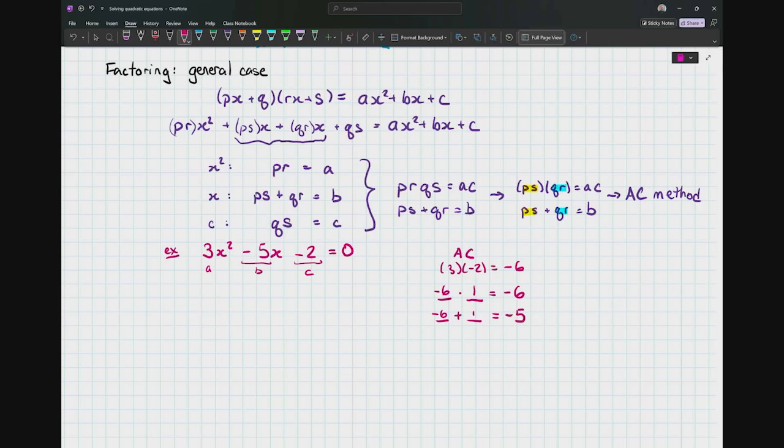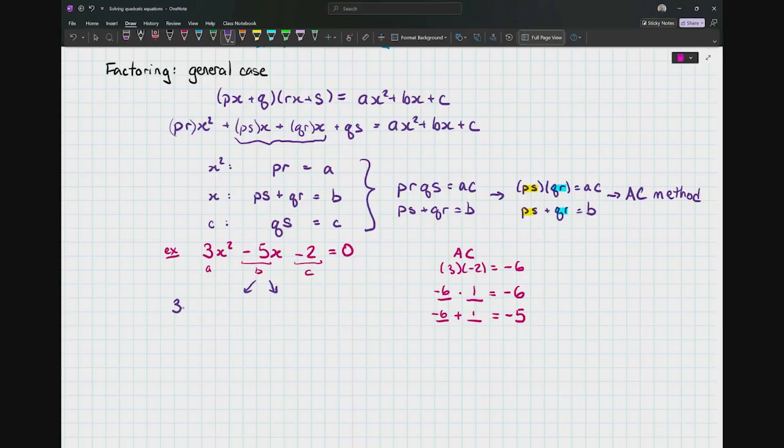Okay, so we've figured out the AC part of it, but there's actually quite a lot of steps to this method. First of all, I kind of want to work backwards and take what was only 3 terms, a trinomial, and break that down into 4 terms, because usually when we FOIL out 2 binomials, we get 4 terms. So I'm going to reverse the whole process. We're going to do something called decomposition here.